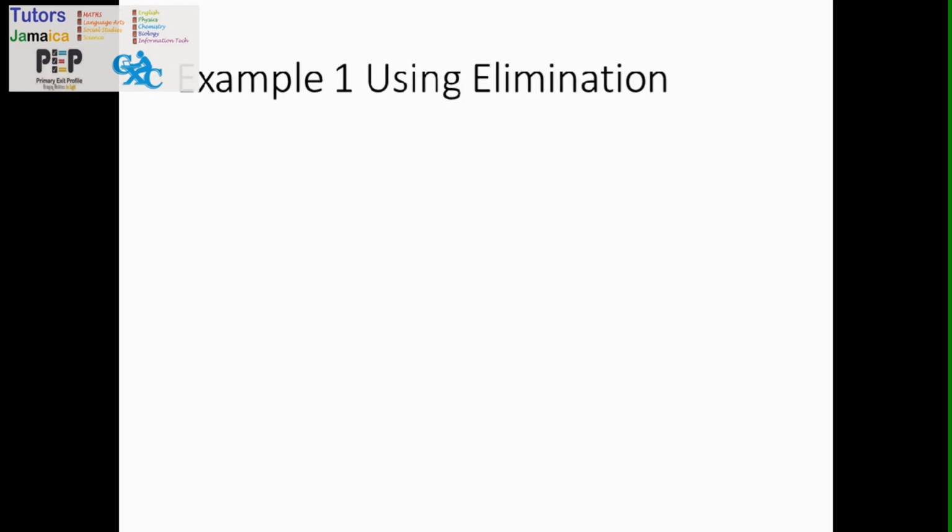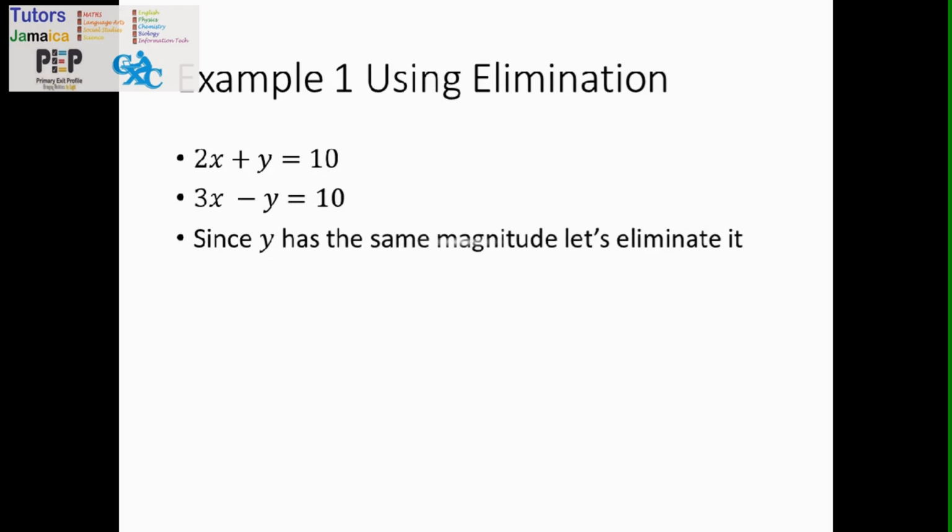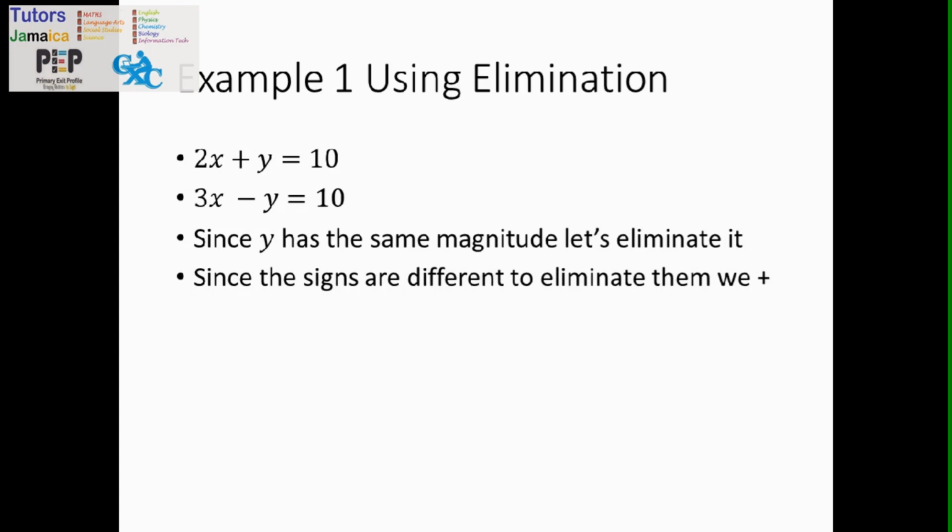Right? So let's look at how we do that. So the first thing we're going to do is, since y has the same magnitude, let's eliminate it. It's simple, right? So since the signs are different, we're going to add them.